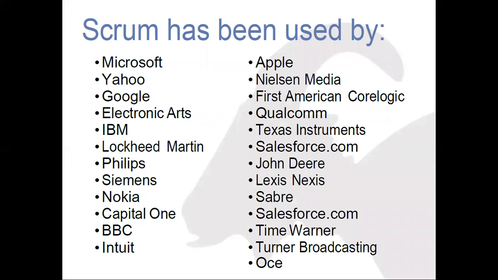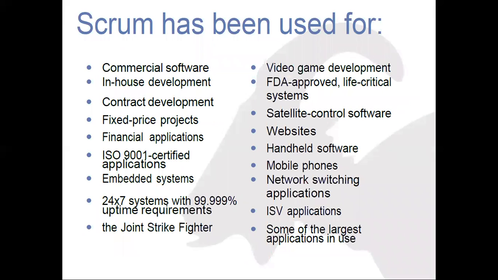Scrum has been used by many big organizations: Microsoft, Yahoo, Google, IBM, Siemens, Nokia, and many more companies. Scrum has been used for several kinds of development.